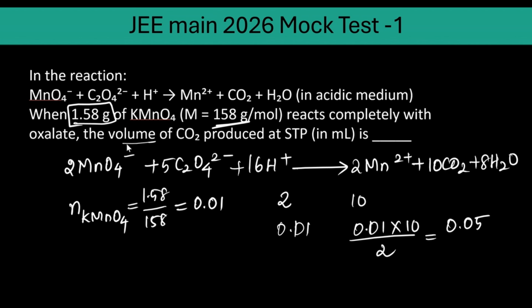They are asking it in volume. So this much moles, convert that to volume. So 0.05 into 22.4 liters will give you 1.12 liters. In ml they are asking, so which will be 1120 ml.